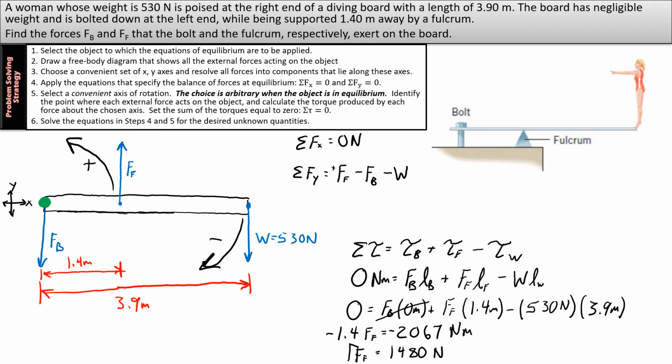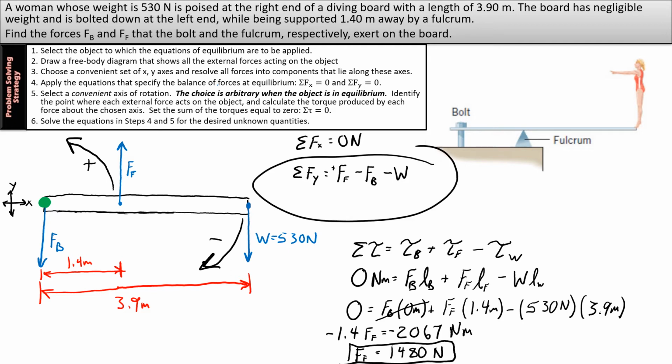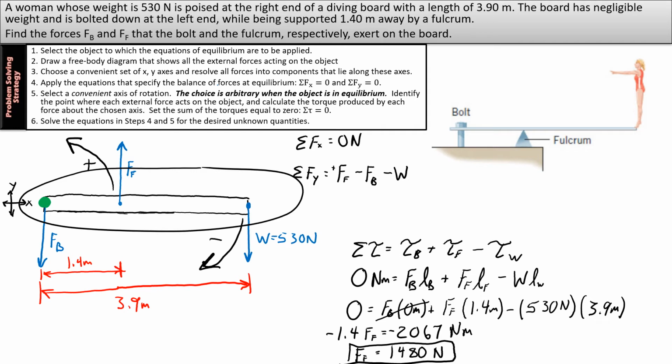So we know one of the forces, and what we can do is come back over here, or we could choose a different axis now, maybe this one over here. It doesn't matter, but let's use the net force in the y direction. We know that net force is equal to 0 newtons.